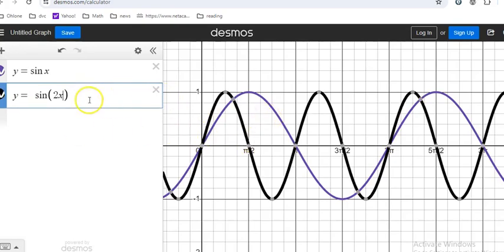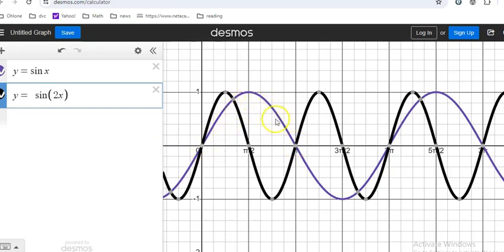This is very confusing, but you can see the black one is the 2x and the purple one is the original. If you look at the black sine curve, it still goes up and down 1, but it finishes the whole cycle in pi, right? So it is really compressed in.